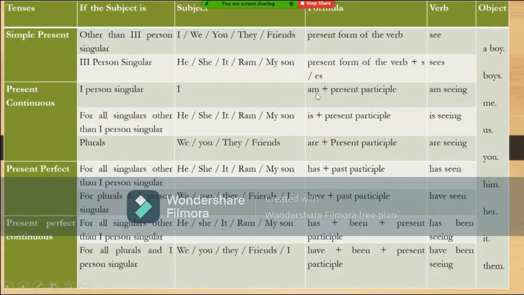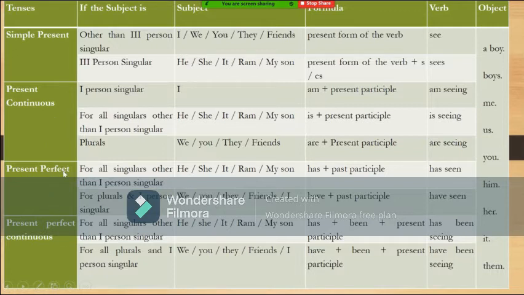To indicate present tense, we have 3 auxiliary verbs: am, is, are. They indicate present in present continuous tense. These auxiliary verbs can be used only in the first 2 tenses, simple present and present continuous, not in present perfect and present perfect continuous.